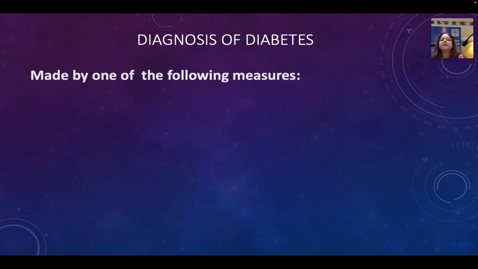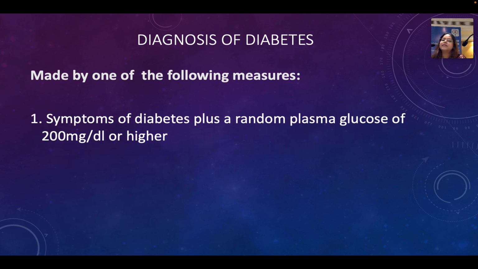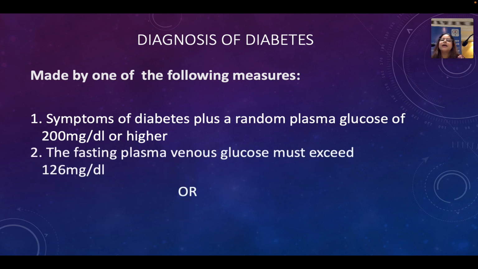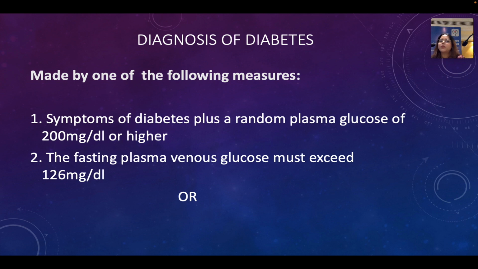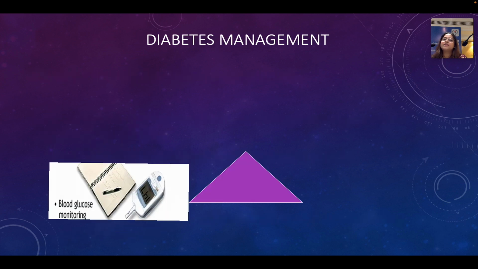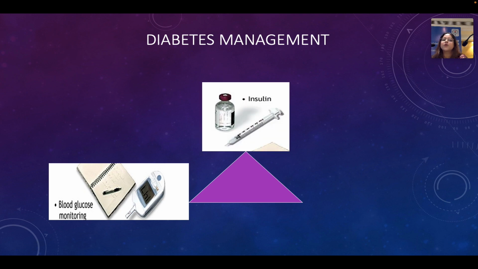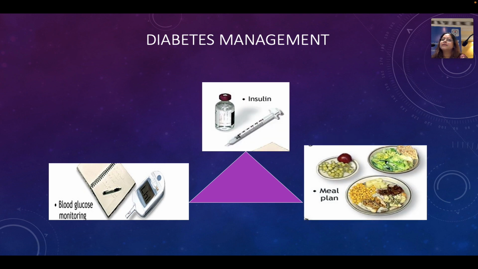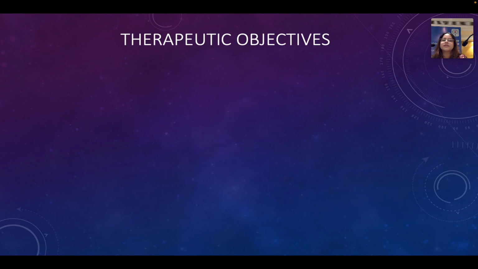So the diagnosis of diabetes, as we all know by definition, is symptoms of diabetes plus a random blood plasma glucose of 200 milligram per deciliter or higher, fasting blood sugar more than 126, or postprandial blood sugar of more than 200. Diabetes management has three basic steps: blood glucose monitoring, insulin, and the meal or the lifestyle. This is the basis of ideal management of type 1 diabetes.